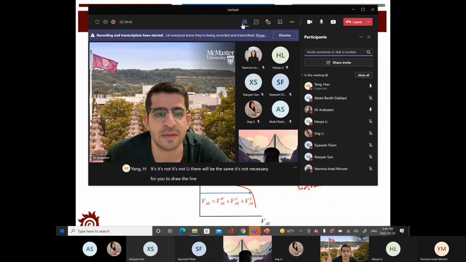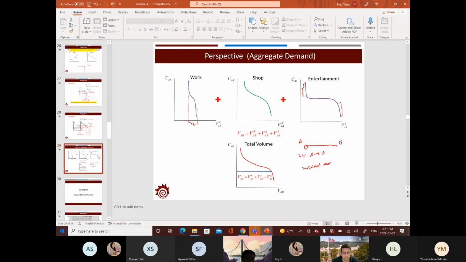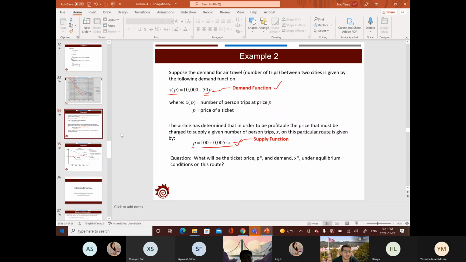For this simple example, you have these two equations, right? And there are only two variables, p and x. You put these two equations together, you can easily get the answer.